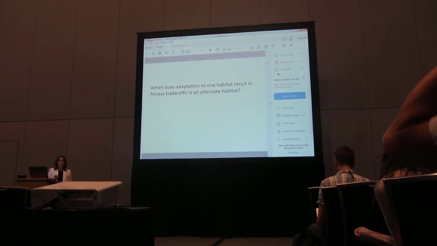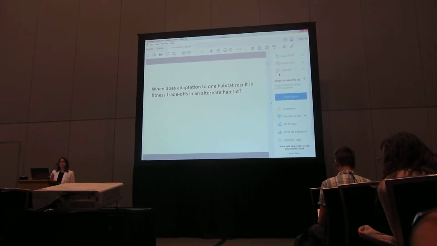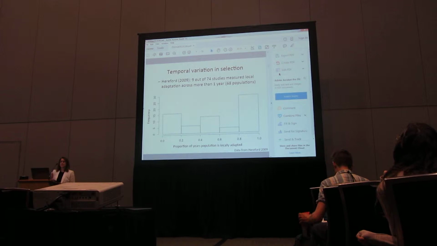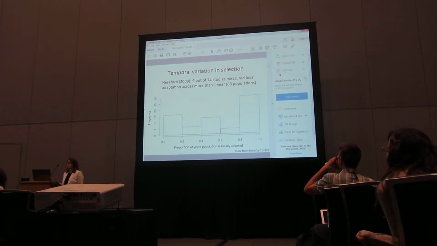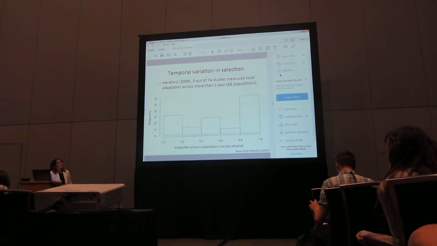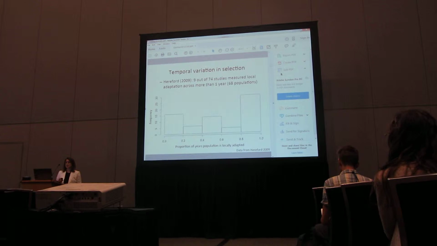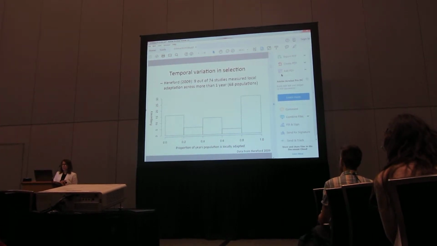That brings me to a big question I'm interested in, which is when does adaptation to one habitat result in fitness trade-offs in an alternate habitat? We all know that selective agents can vary across years. In the Hereford meta-analysis, only 9 out of the 74 studies actually measured local adaptation across more than 1 year, and that was 68 populations.